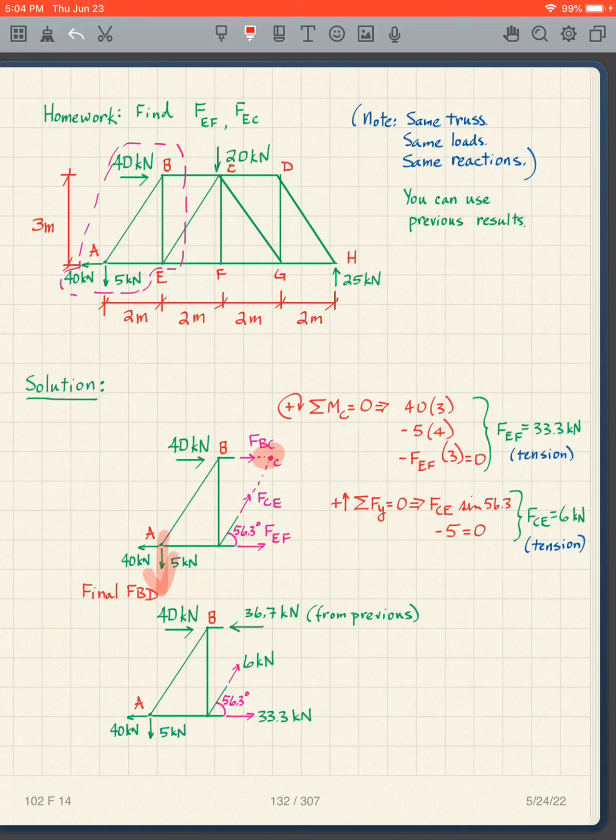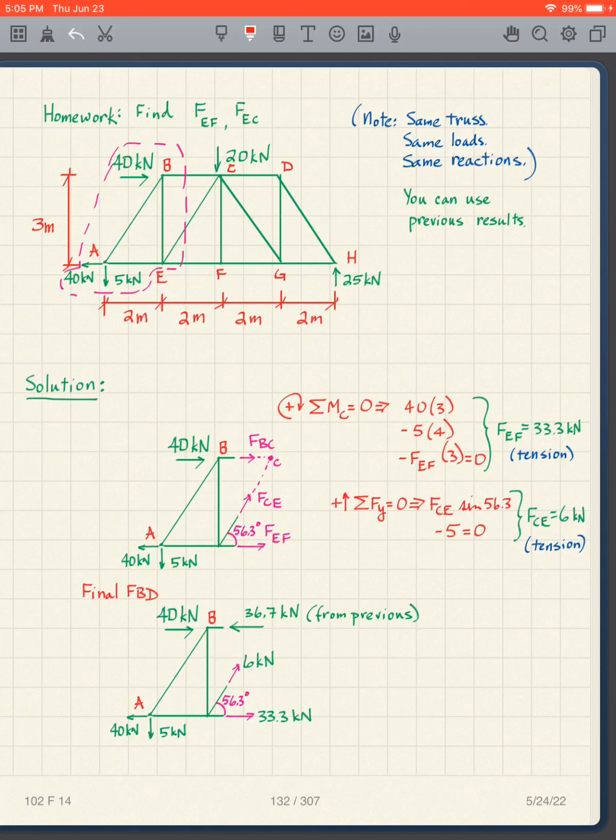I have 5 times this total distance here, which is 4, counterclockwise, so it's negative. And then I've got FEF times that distance, which is 3, counterclockwise. Put them all in here, I get that value for FEF.